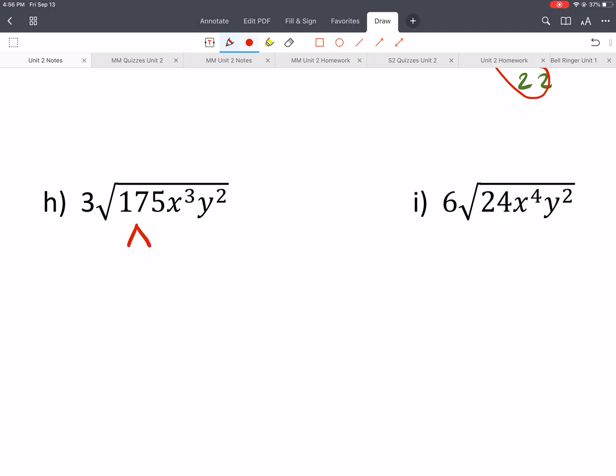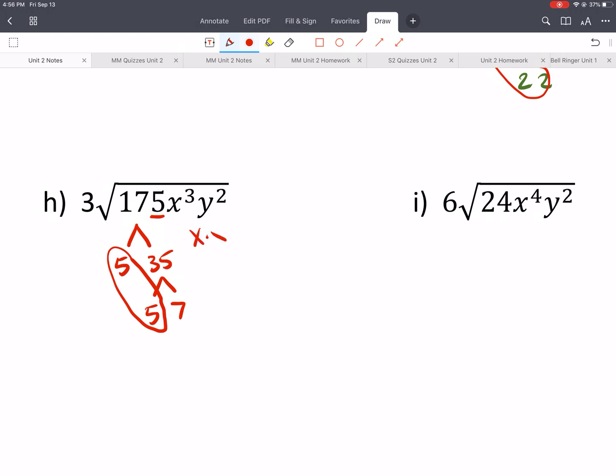We could do 5. I know I could divide it by 5 because the last digit is either a 0 or a 5. So perhaps we'll do 175 divided by 5. That gives us 35. Divide that by 5, and that gives us 7. Okay, so we have a group of 5s.